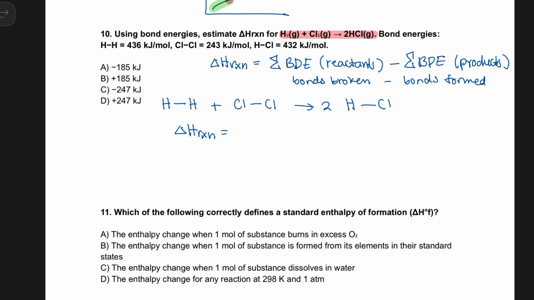So for the reactants, first we have H to H, which is 436, plus Cl to Cl, which is 243, minus, we have to put the 2 in front because we have a coefficient of 2, and then H to Cl is 432. And then if you calculate it, you get negative 185 kilojoules, which is option A, because it's negative.